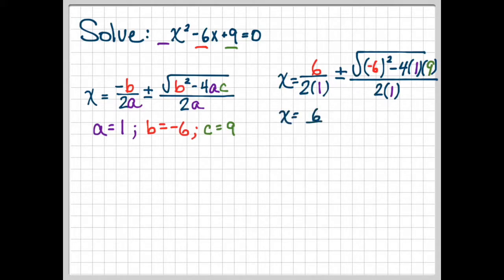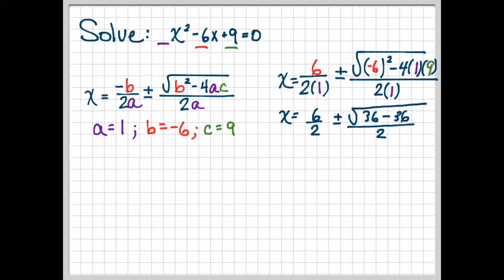X equals 6 over 2 times 1 is 2, plus or minus the square root of -6 squared is 36, minus 4 times 1 times 9. And it's -4 times 1 times 9, which gives me -36 over 2 times 1 is 2.